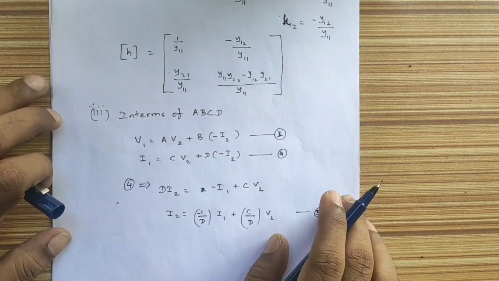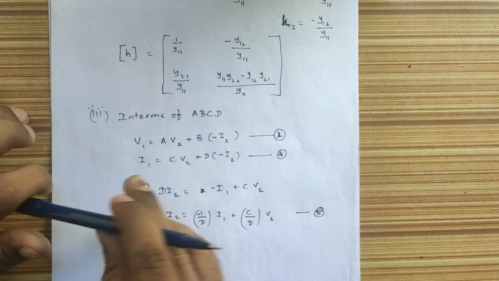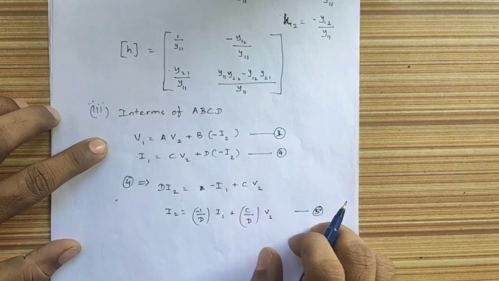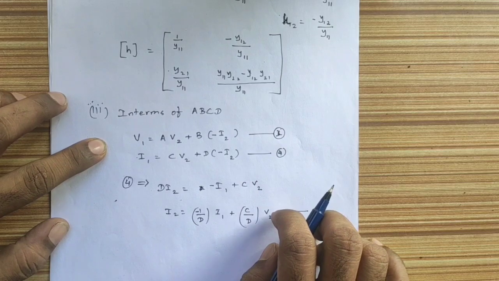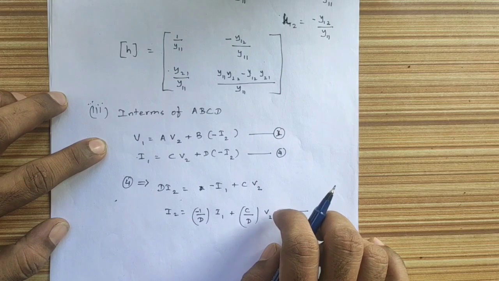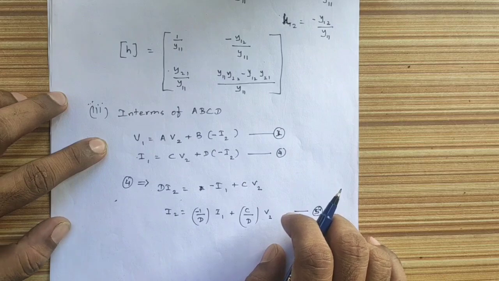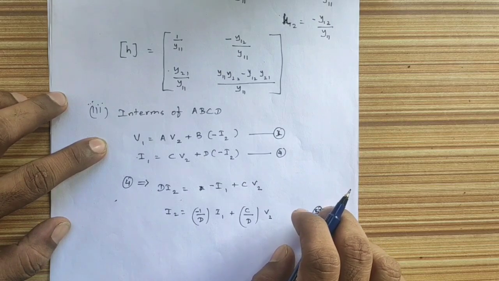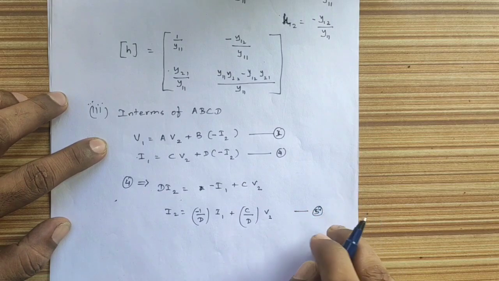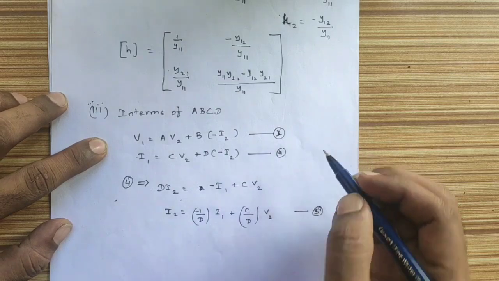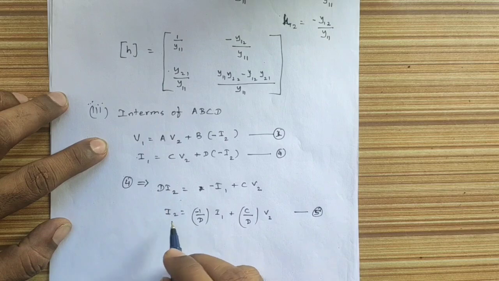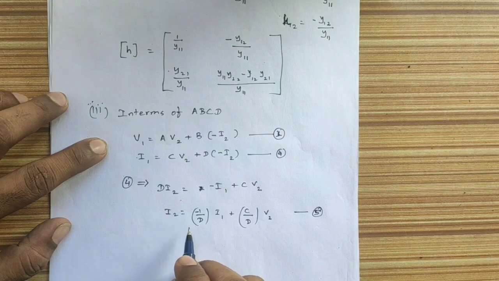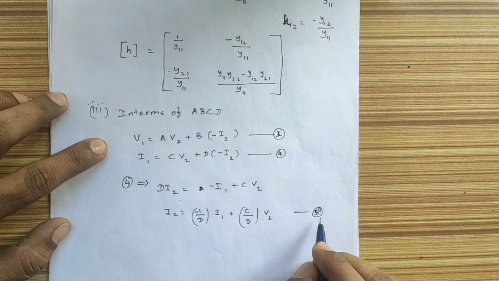Now I am going to derive the h parameters in terms of ABCD. For that I am taking the ABCD parameter equations: V1 equal to A V2 plus B into minus I2, I1 equal to C V2 plus D into minus I2. Let us consider these two equations are equation number 3 and equation number 4. Now I am going to modify the equation number 4 and I am writing I2 equal to minus 1 by D of I1 plus C by D of V2.